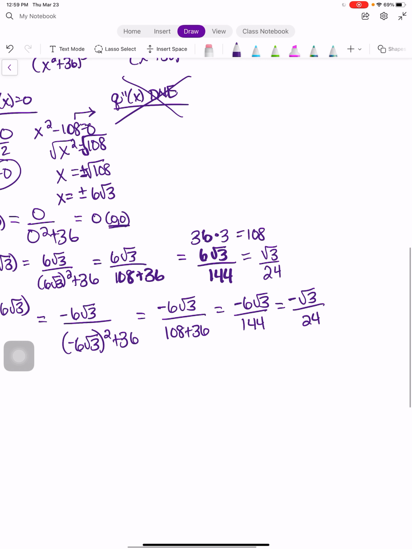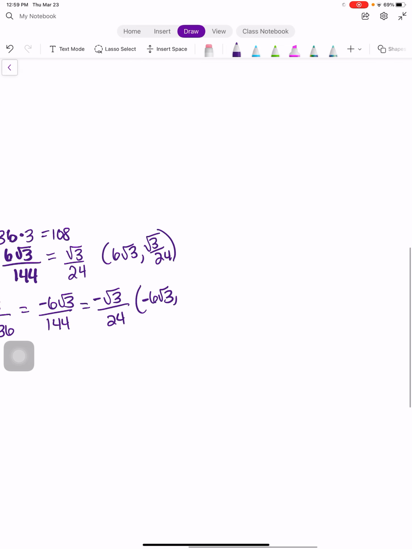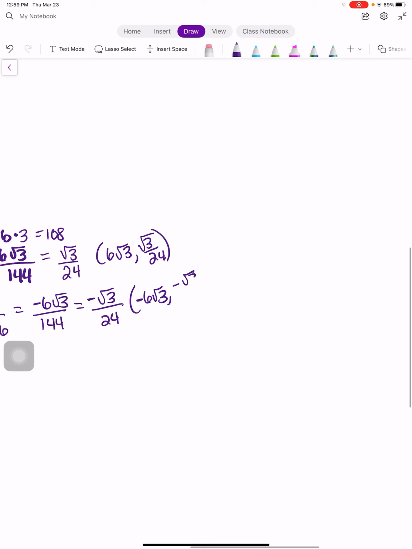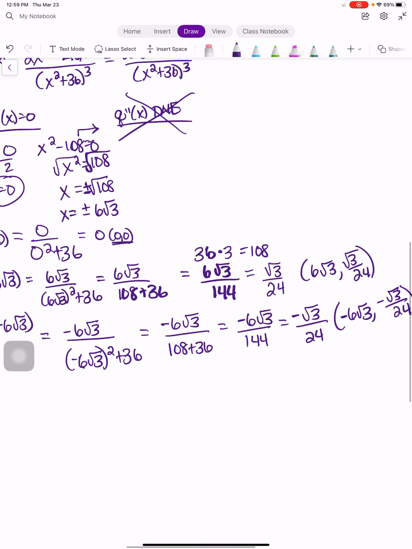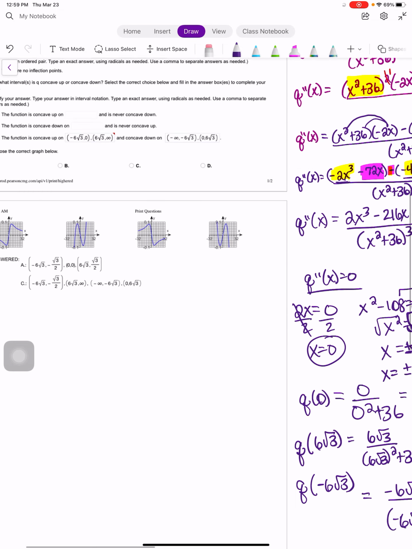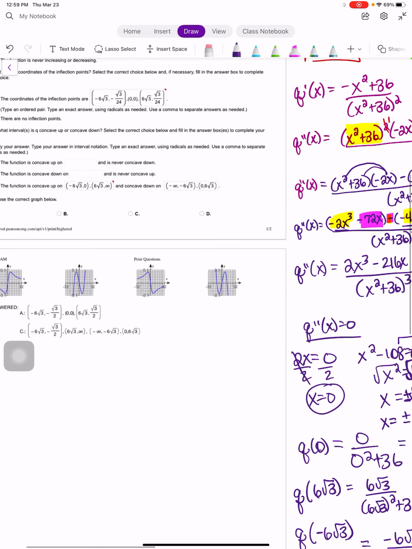So the points there that I have are 0, 0; 6 square roots of 3 and the square root of 3 over 24; and negative 6 square roots of 3 and negative square root of 3 over 24. And if we go back, that is exactly what they were looking for.